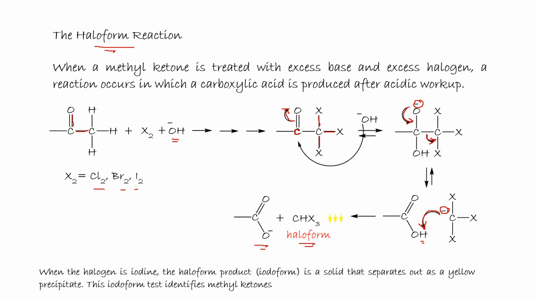In the presence of iodine, this will be a yellow precipitate. When the halogen is iodine, the haloform product is called iodoform, a solid that separates out as a yellow precipitate. This iodoform identifies methyl ketones. They call it the iodoform test.